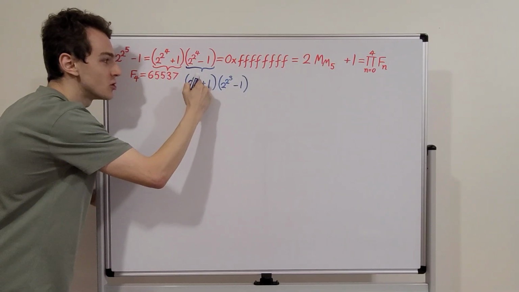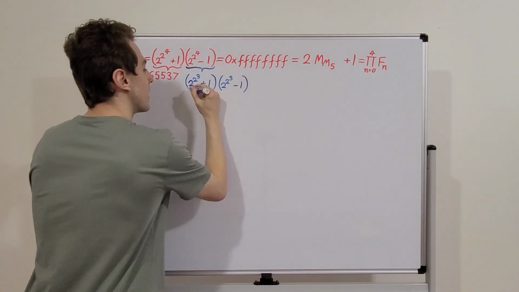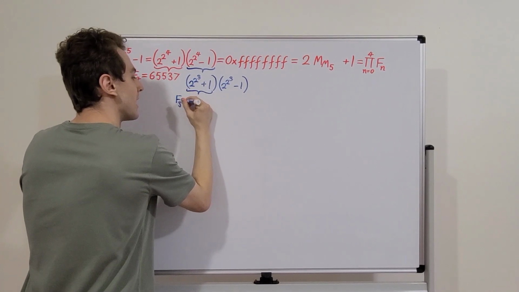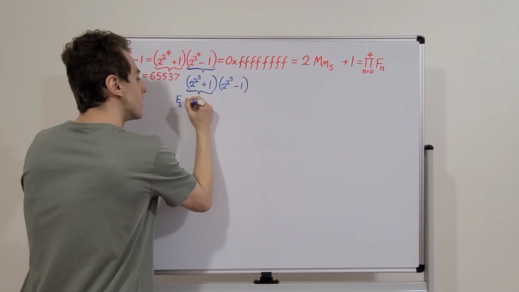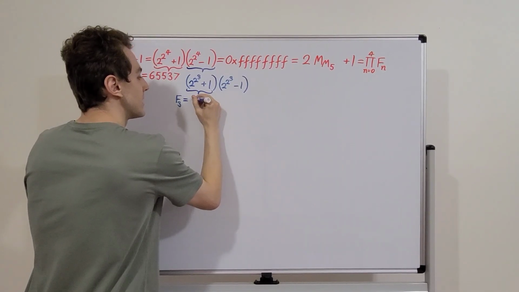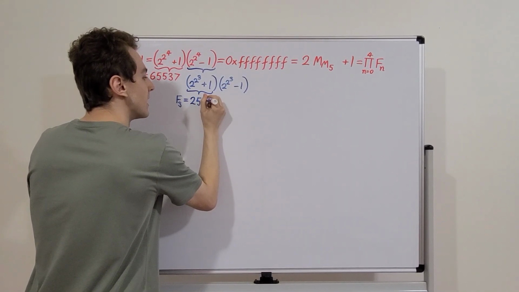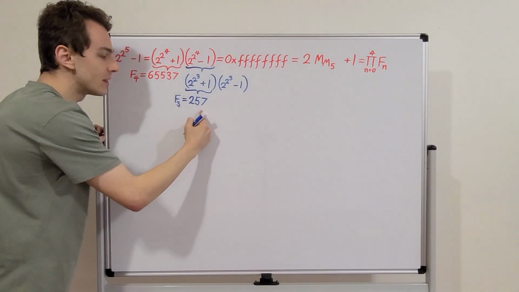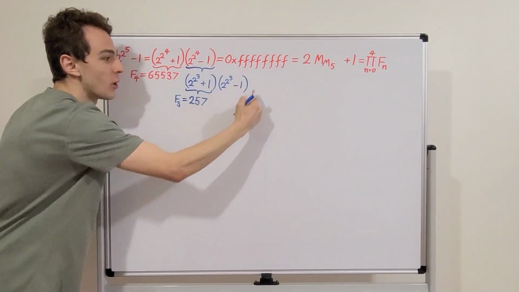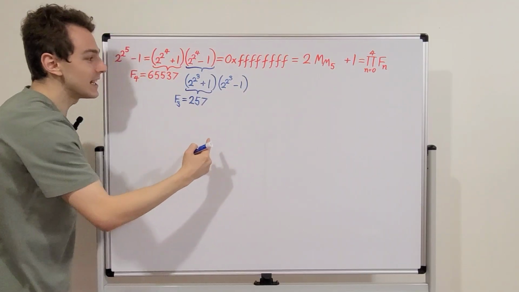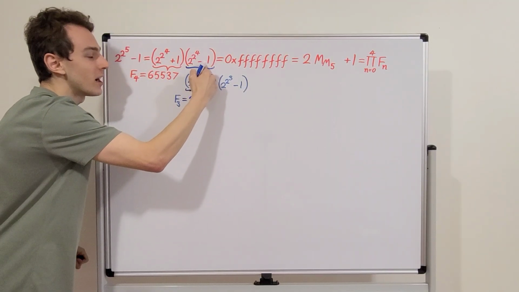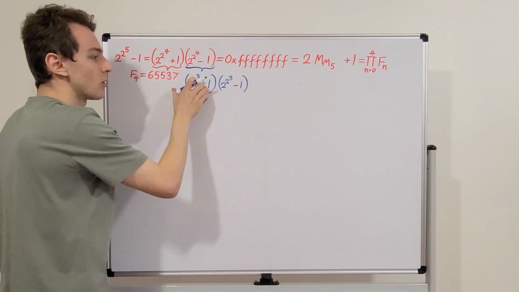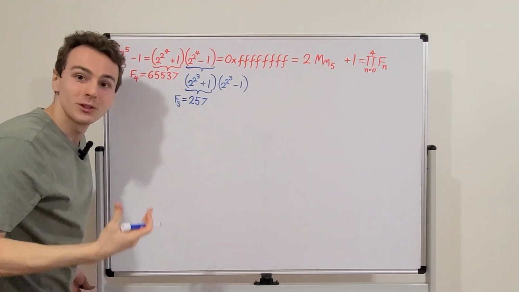So we have 2 to the power of 2 to the power of n plus 1 again. So this is F sub 3. And in base 10 notation, we can write this as 257. So 257 times 255 is 65,535. And we can take this product over here and we can write it in hexadecimal notation.